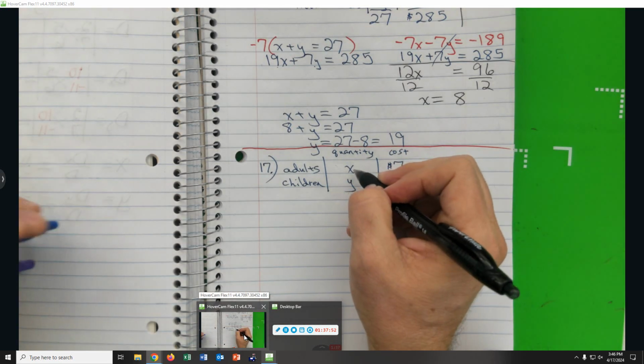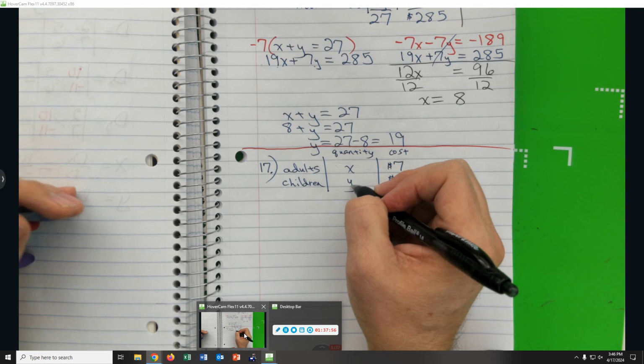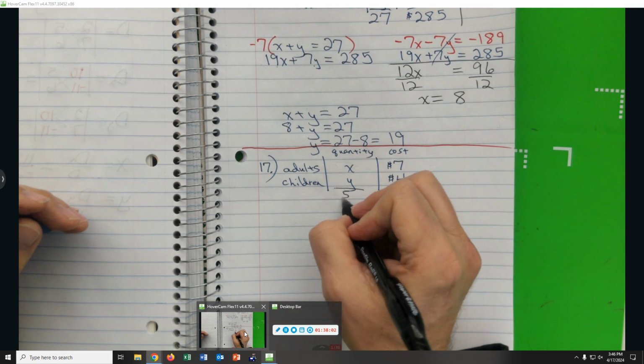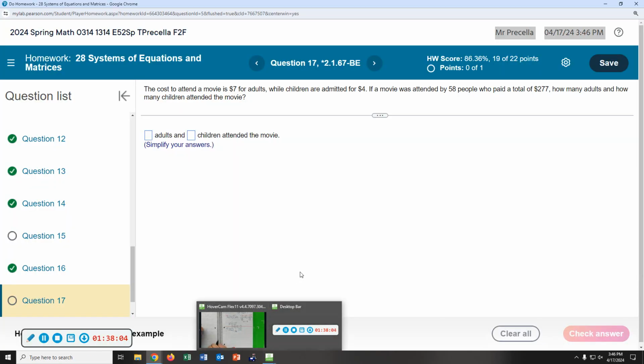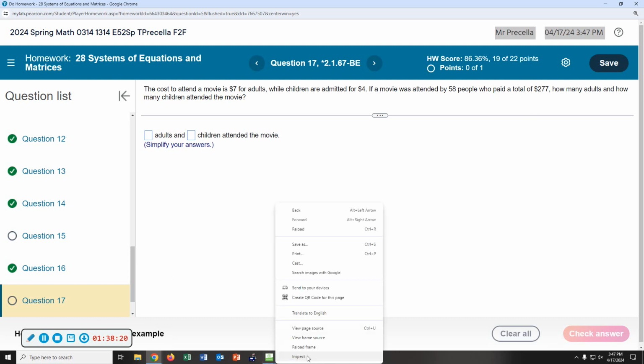If I add up the number of adults, there were X adults and Y children. If I total that column, that had better give us 58. What about costs? Adult tickets are $7. Children tickets are $4. The total amount of money that the theater took in was $277.